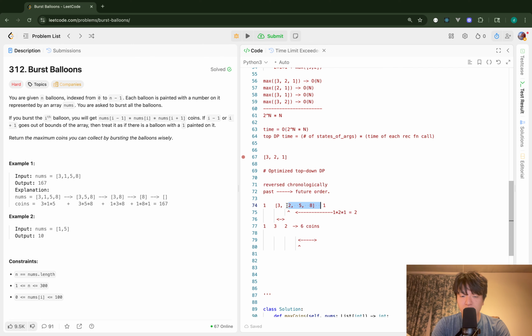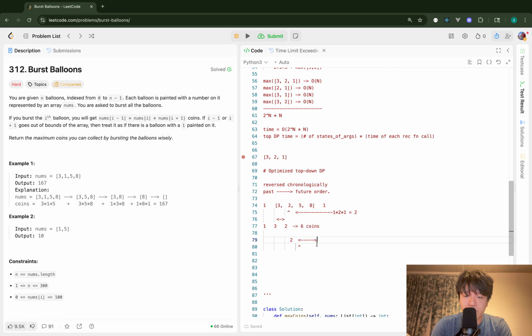It doesn't matter in which order the right hand side range balloons and the left hand side balloons are bursted. It doesn't matter because there is 2 which is remaining, and this blocks left hand side balloons. So when I think of this range, I don't have to take care of the left hand side of 2.